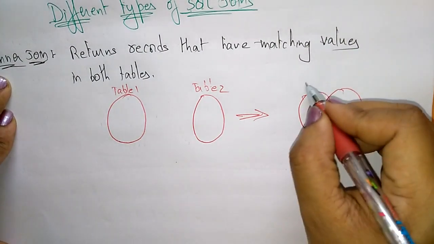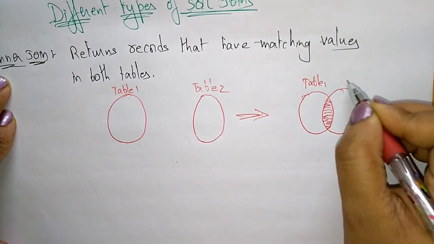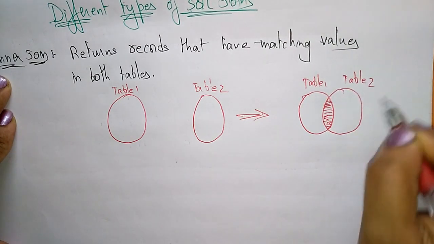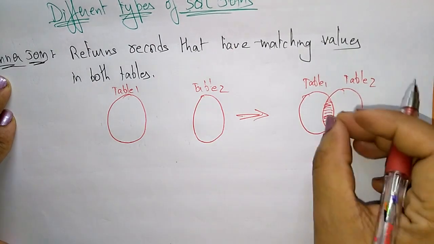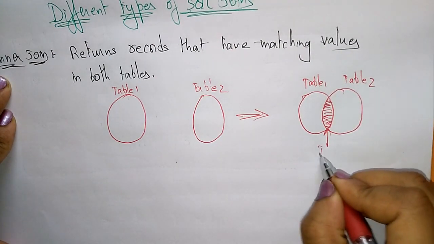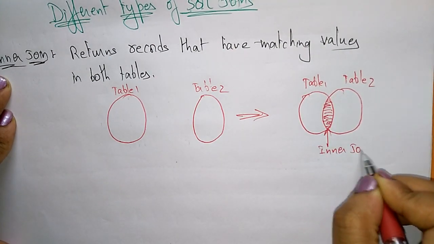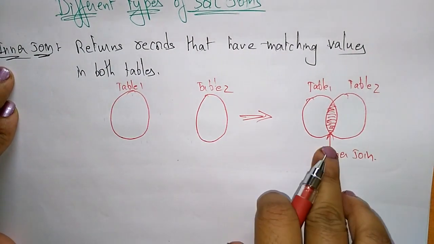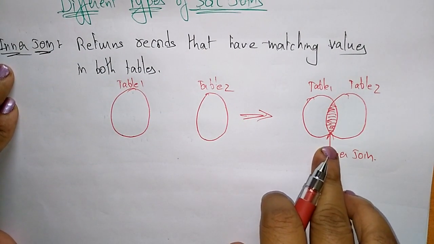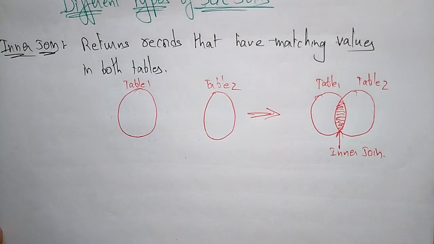Okay, so this is table 1, table 2. So only these items will be returned. So this is inner join. So it returns records that have matching values in both the tables.